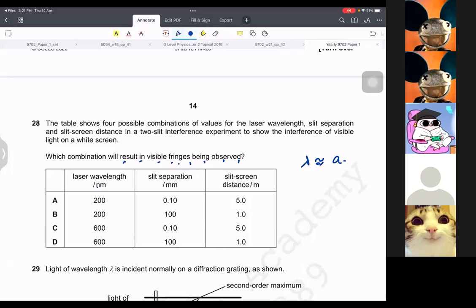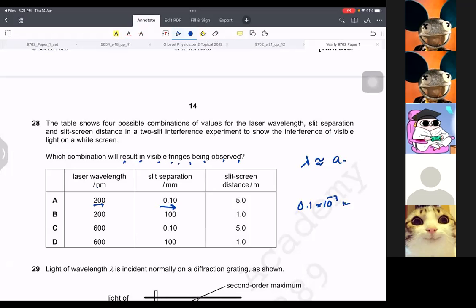This is 200 nanometers. If I change this into nanometers as well, what will it be? 0.1 millimeter is 0.1 times 10 raised to minus 3 meters.